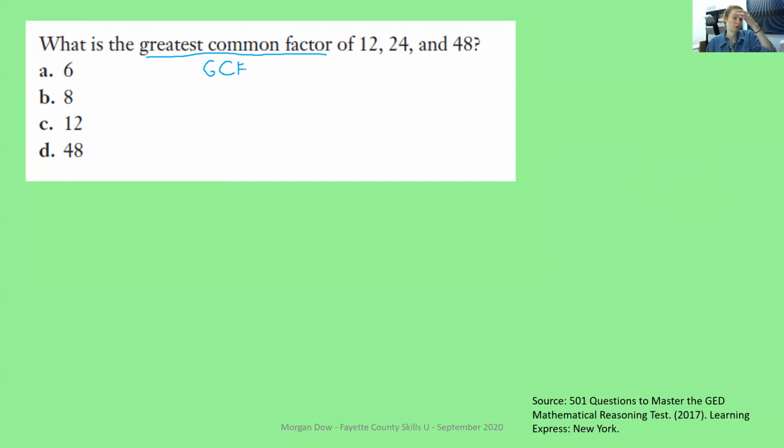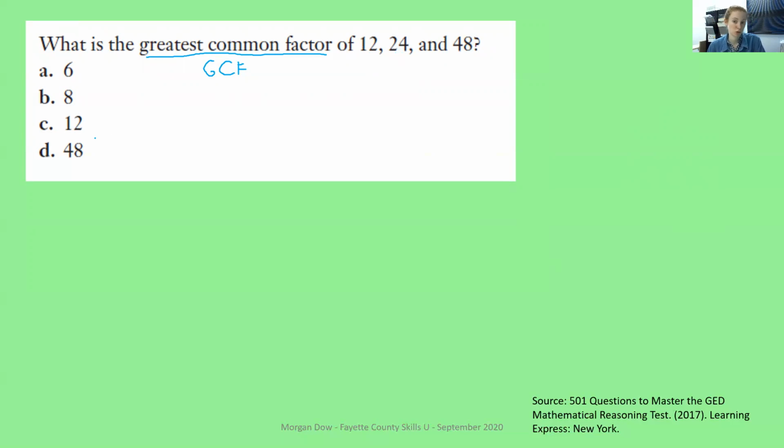Well, if you know your times table very well, then you might be able to look at these three numbers and see right away that 12 is a factor of each of these numbers. 12 will go into 12 evenly, 12 will go into 24 evenly, and 12 will go into 48 evenly. So I know pretty much right away, because I've got my times table up here, so I got all those factors rolling around, I know that 12 is going to be the greatest common factor.